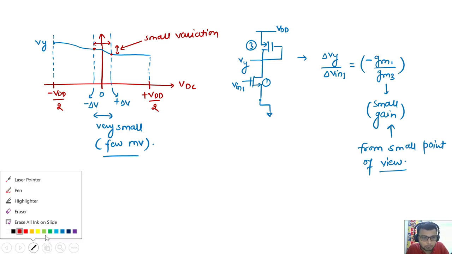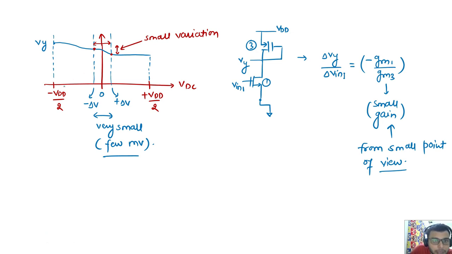Now, what about the output variation? We will see, as my Vx was increasing slowly, something like this, Vx is somewhere here, at some value which is somewhat less than Vdd by 2.